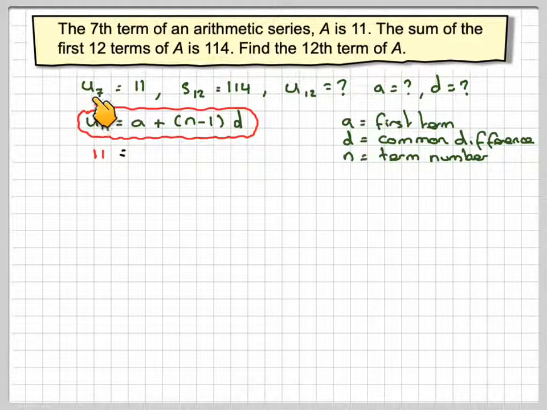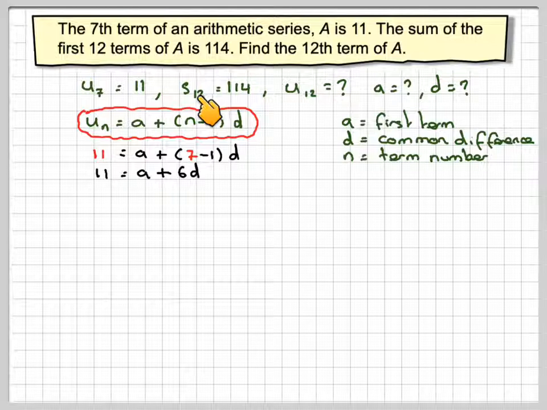So 11, i.e. the seventh term is 11, is equal to the first term that we don't know, but n will be equal to 7 minus 1 times the common difference that we don't know. So we can use this to make one equation to help us find A and D. Simplifying it, we're going to get 11 is equal to A plus 6D.